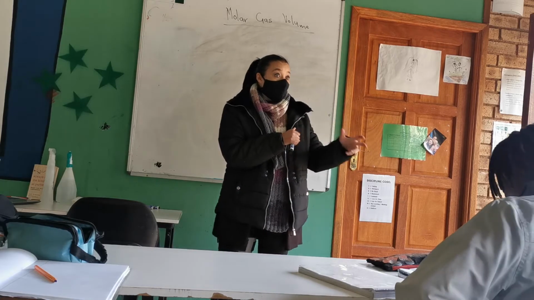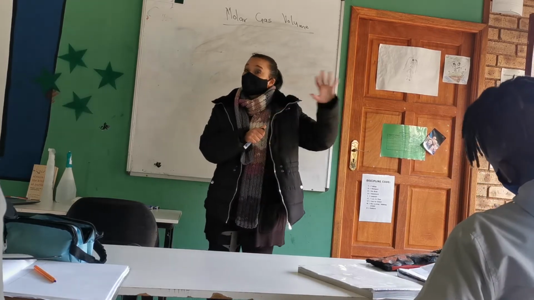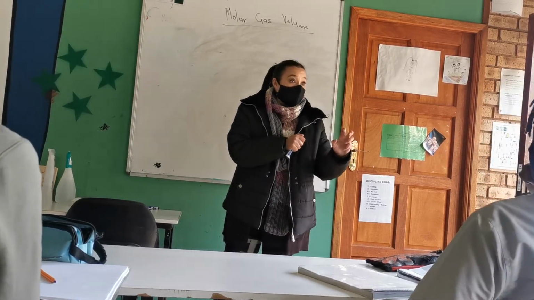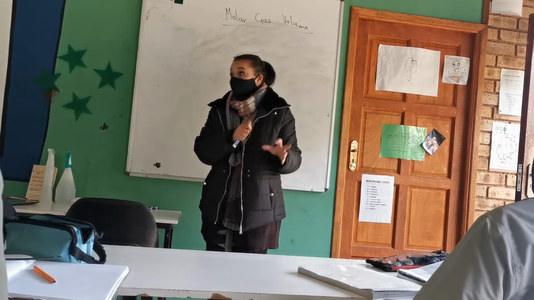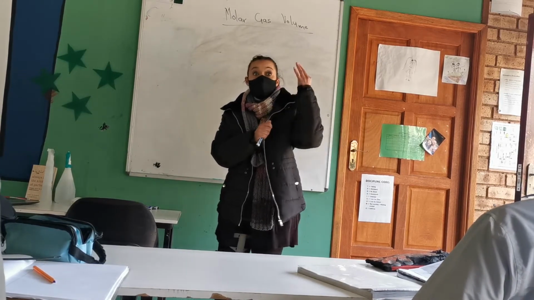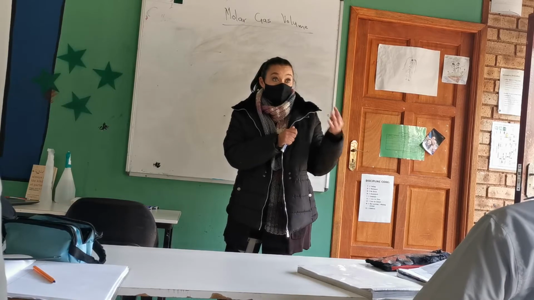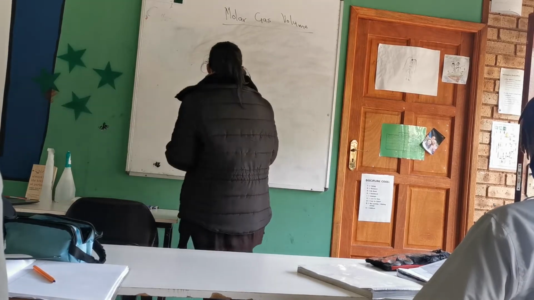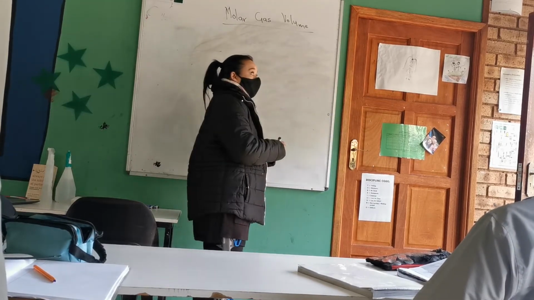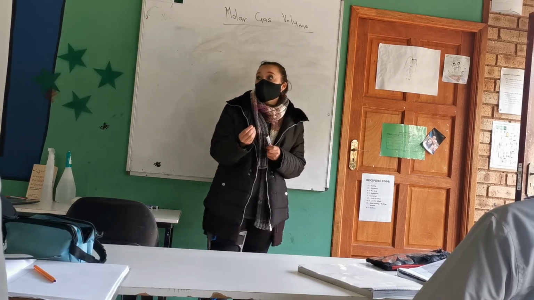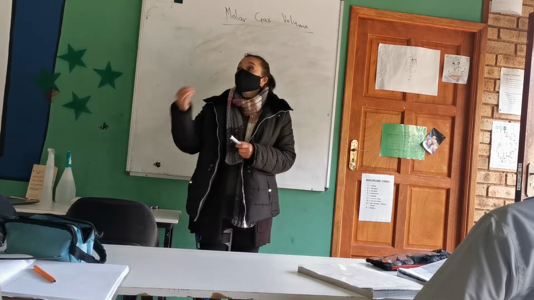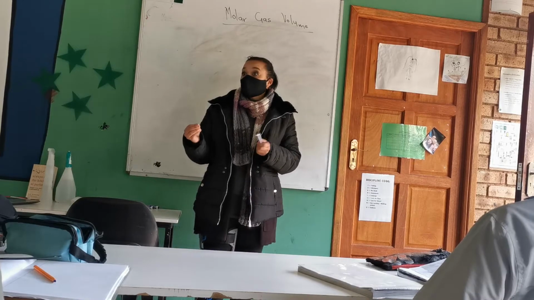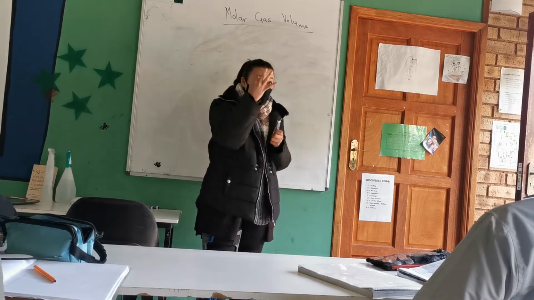It includes the length, the height, and the breadth, or the depth, of an object. Three measurements are involved. When we talk about volume, we're talking about a cubed unit, a unit that is raised to the power of 3.